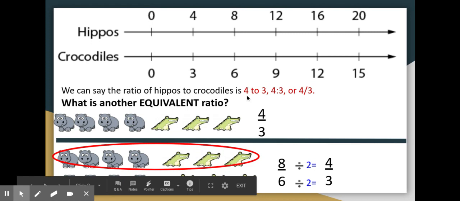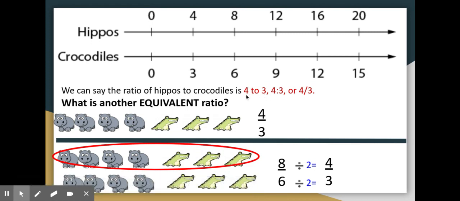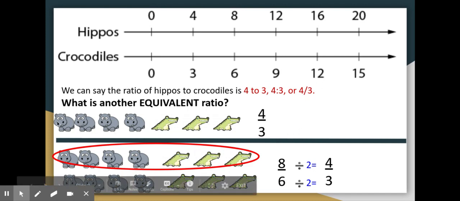And then we talked about how there are 3 different ways to write a ratio. We have that here in red. We can write 4 to 3, 4:3, or as a fraction, 4/3. So 4 to 3, for 4 hippos there are 3 crocodiles, is an equivalent ratio to 8 to 6, because 8 to 6, if we divide the top and bottom by 2, we still get 4 to 3.